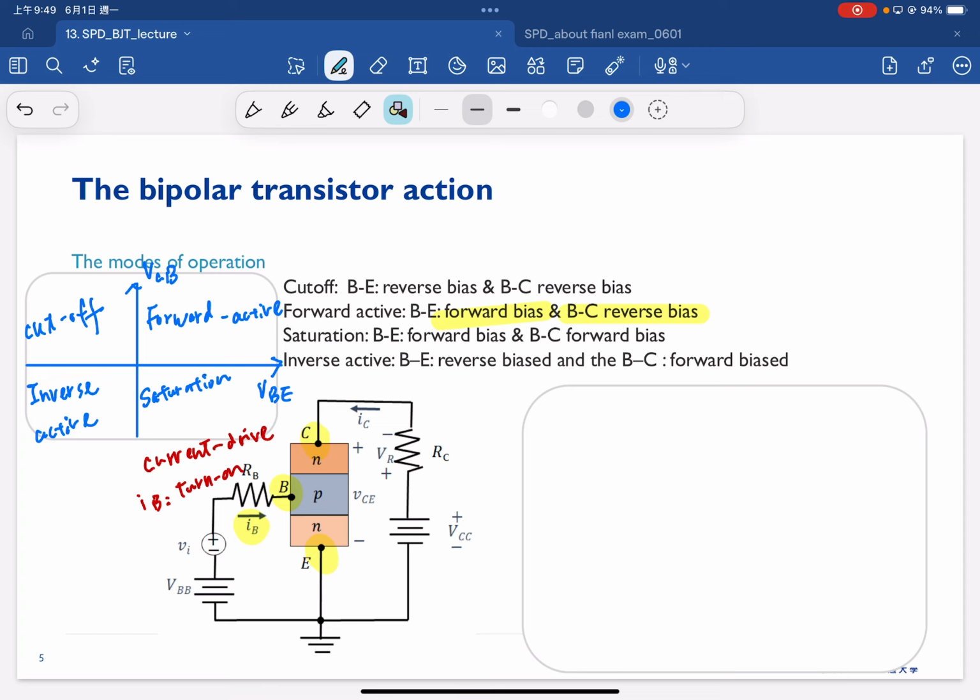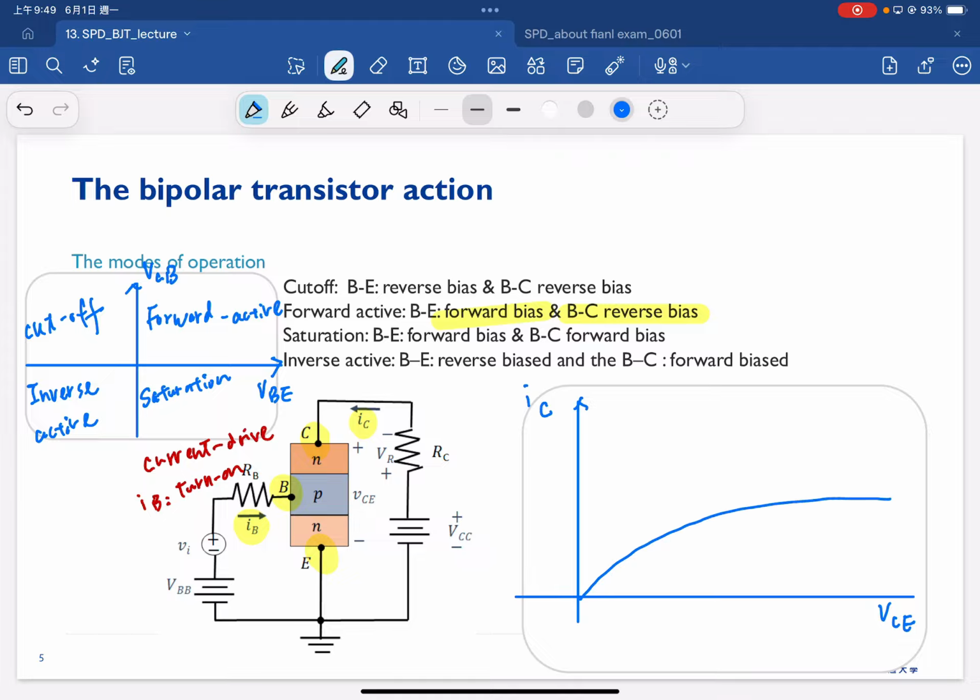The typical characteristic for the BJT that we are interested in is the collector current versus VCE. This is a typical IV characteristic that we are interested in, which is IC versus VCE. And the typical characteristic is very similar to the MOSFET.